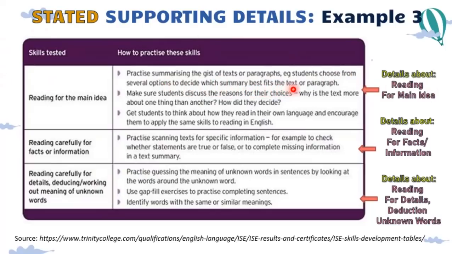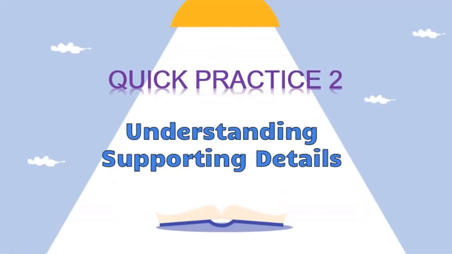So it's a detailed step by step on how the skills here should be practiced. Now, let's do a quick practice to enhance your understanding of how to find supporting details in a text.